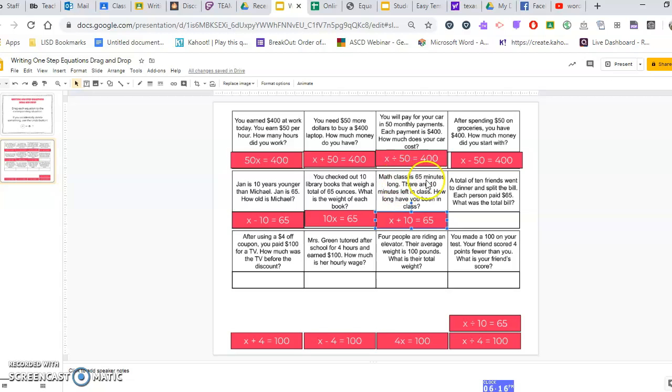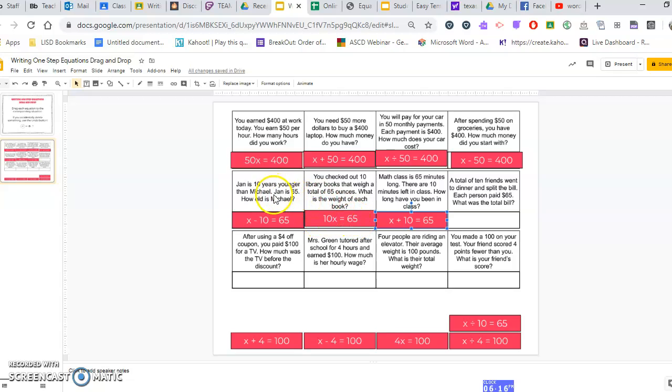So notice, if my first thought was subtraction, but it's not subtracting from the right thing, we go to the opposite, which is addition. On this one, my first thought was division, but there wasn't an equation dividing 65, so I had to reverse it and go to multiplication.